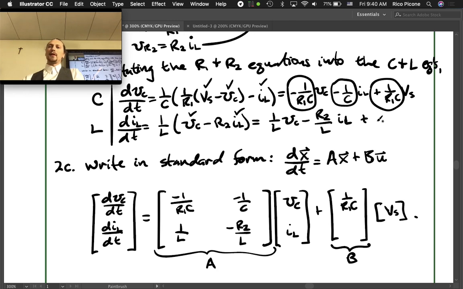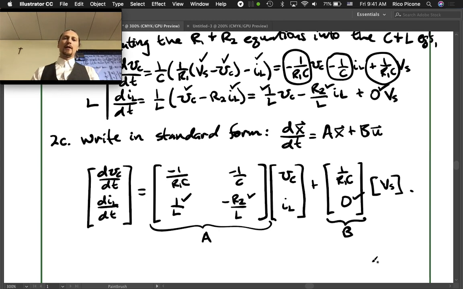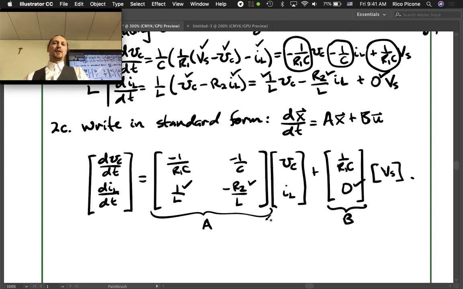So you could say plus 0 VS, if you wanted to. You don't have to. And that gives us a 0 in the B matrix. So this 1 over L goes in here. This negative R2 over L goes in there. And then this 0 goes in there. And that is the standard form of our state equation.